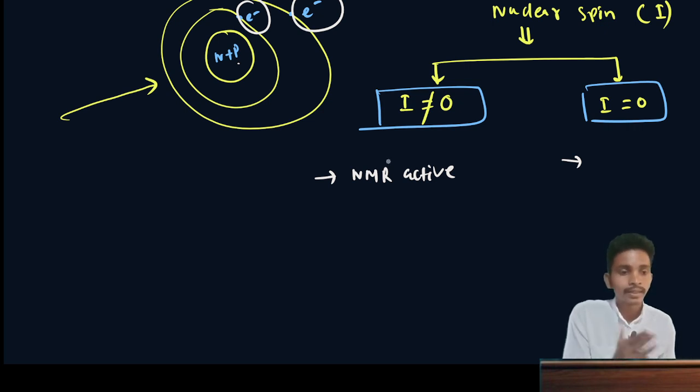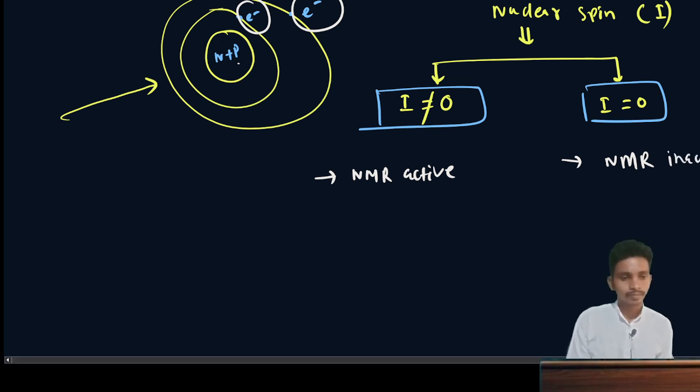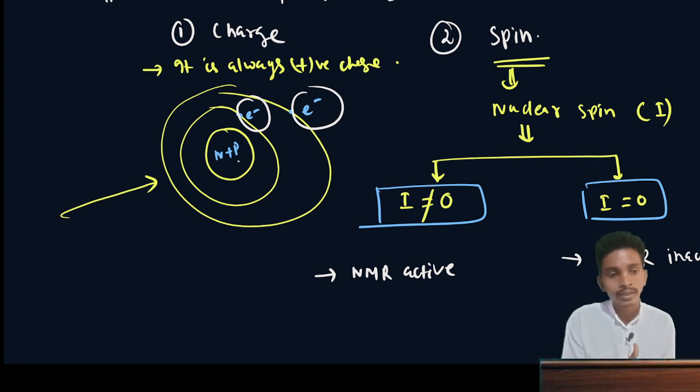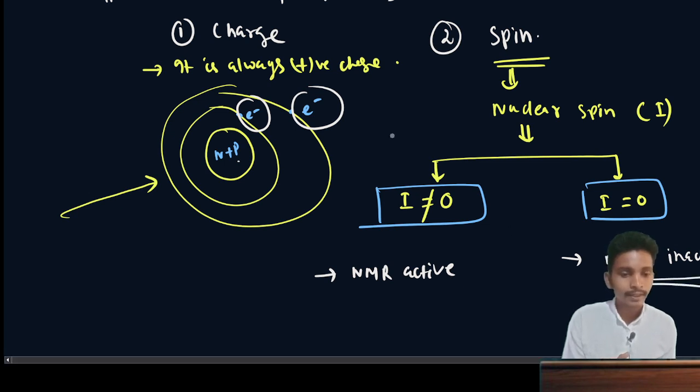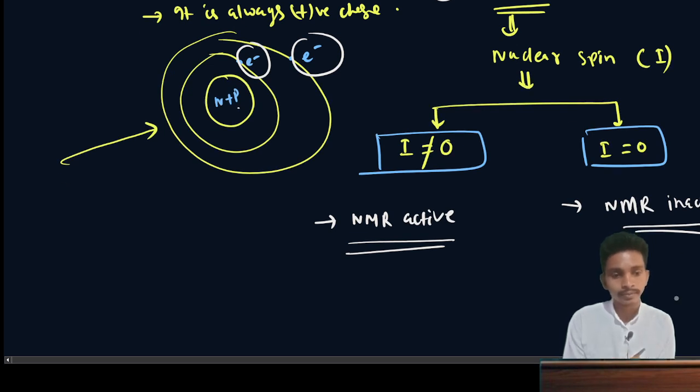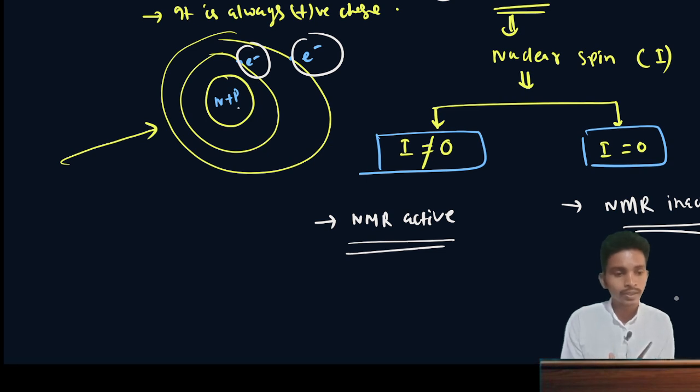If I is equal to 0, it is inactive, and if it is not equal to 0, it is NMR active. So the first thing we look at is whether I is 0 or not.